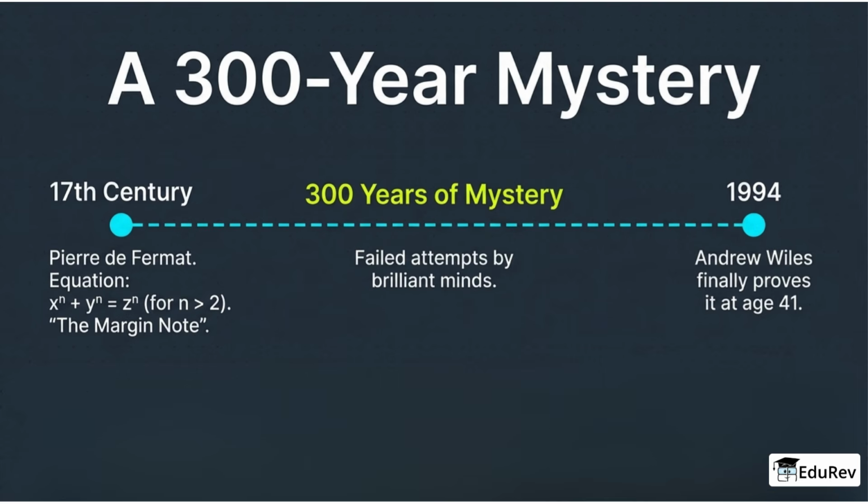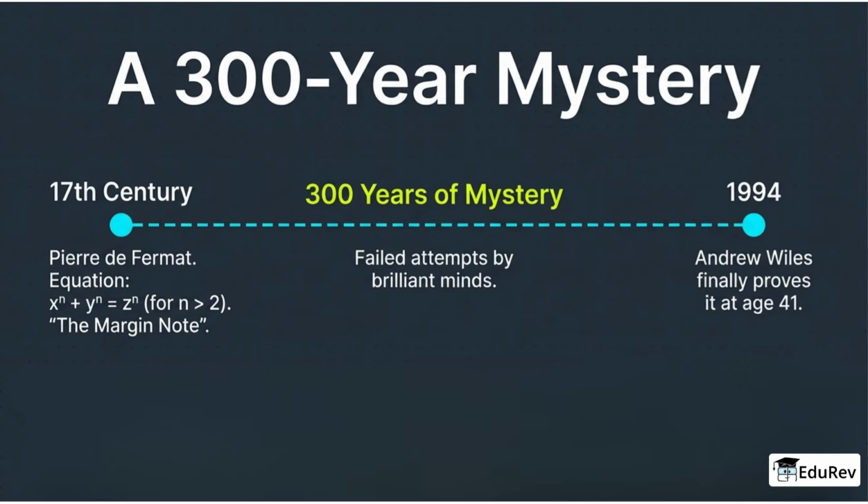He famously claimed in a margin note that there are absolutely no whole number solutions for powers greater than 2. This claim, known as Fermat's last theorem, sparked a 300-year mystery marked by failed attempts from brilliant minds. It wasn't until 1994 that a mathematician named Andrew Wiles finally proved it at the age of 41.